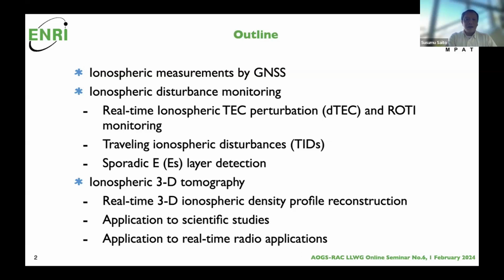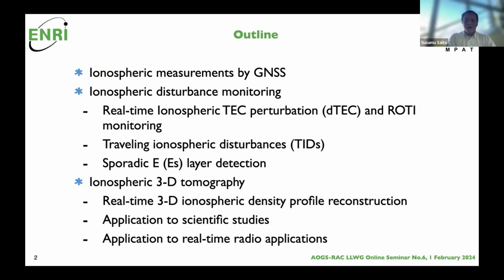And my real-time ionosphere monitoring includes two kinds of parameters or techniques. One is for the ionospheric disturbance monitoring. So it's a perturbation component, which is suitable for the transient events like TIDs or even sporadic layers.